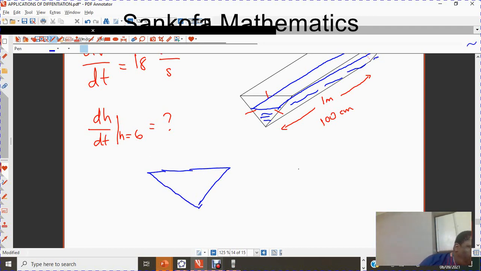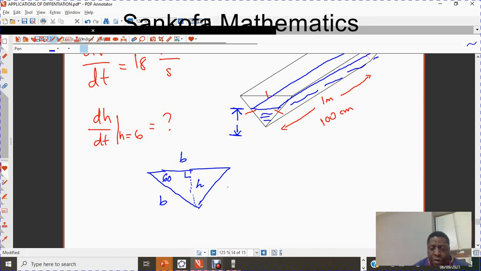And once we have that equilateral triangle, let's say I call this the base, or b, and that will also be b. Another thing that we know is that each of these angles will be 60 degrees, so that's 90 there. So in order for us to find the height that we are dealing with there, we need to come up with a formula, right?